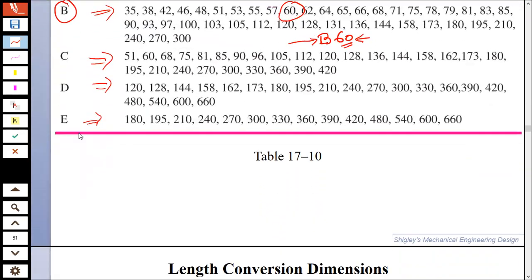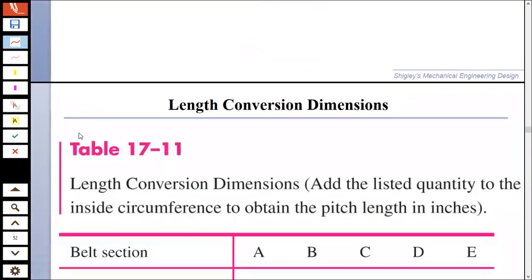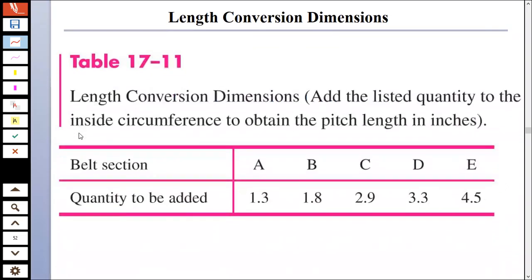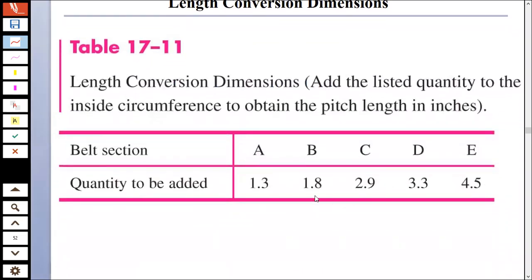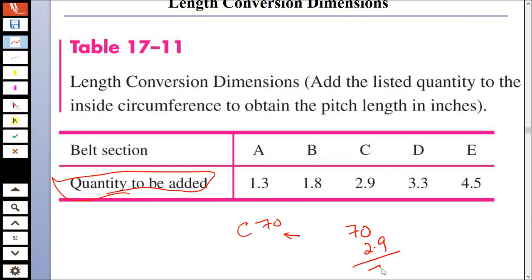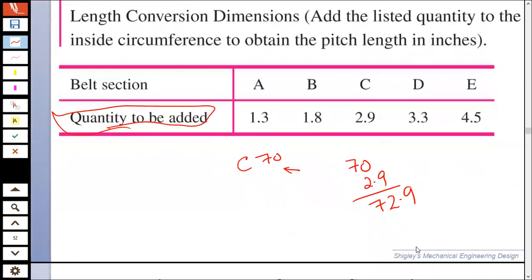I can also convert the inside circumference into length, and how do I do that? I add a specific quantity to the inside circumference. For example, I'm using a belt C70. If I want to find out the length of the C70, I will add 2.9 to this, and my belt length is going to be 72.9 inches.